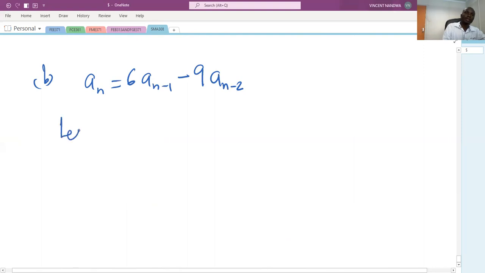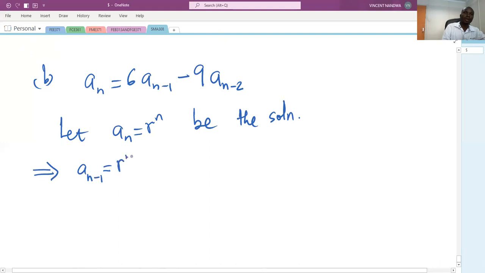So we let a_n equals r^n be the solution. This means that a_{n-1} will be r^{n-1} and a_{n-2} will be r^{n-2}.